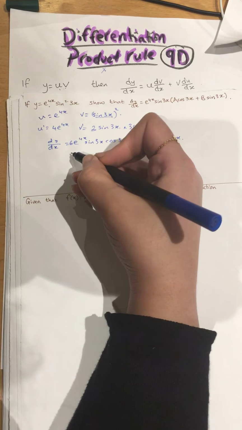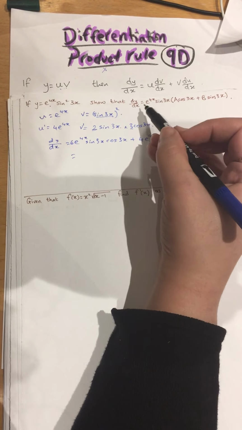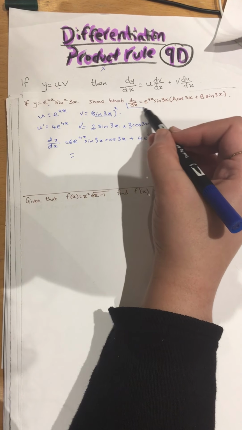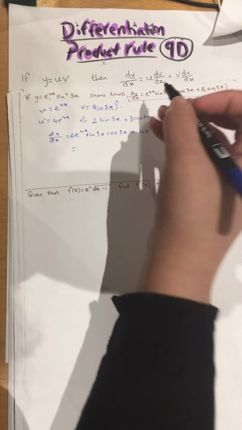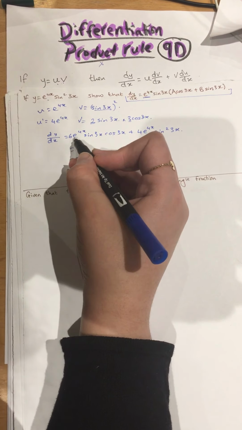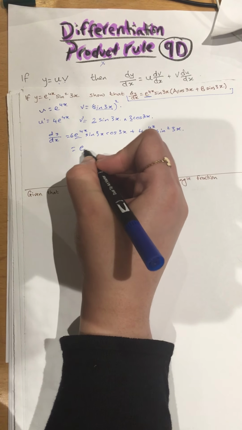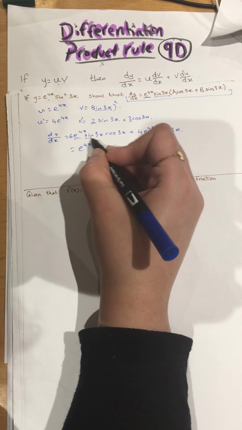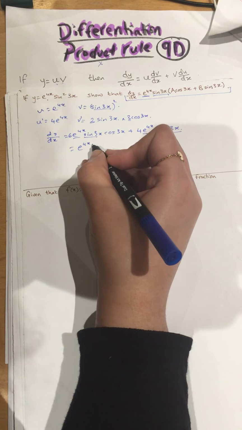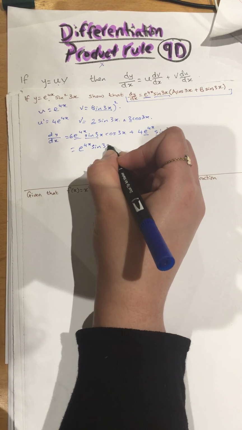And usually in an exam, they will give you this bit so that it gives you a clue on how to factorize it out. So they've got e to the power 4x. I can take out e to the power 4x. That's e to the power 4x gone. And they've got sine 3x. So that's sine 3x on either side gone or factorized.